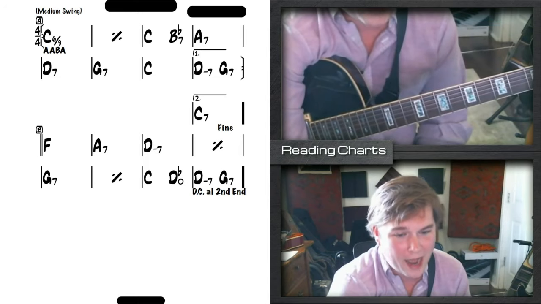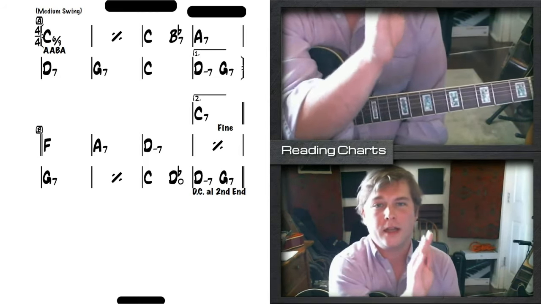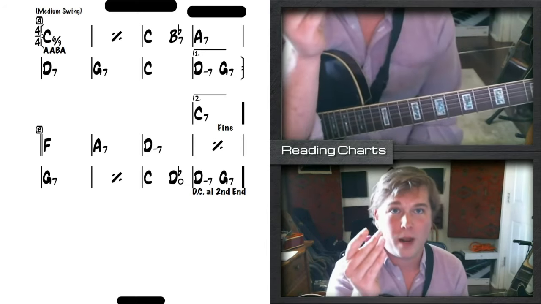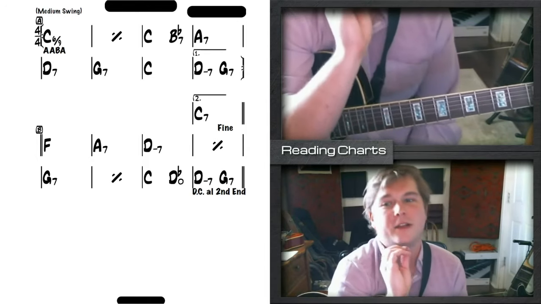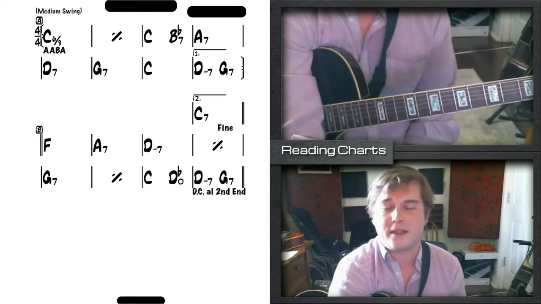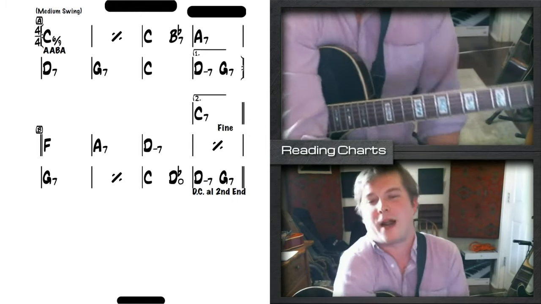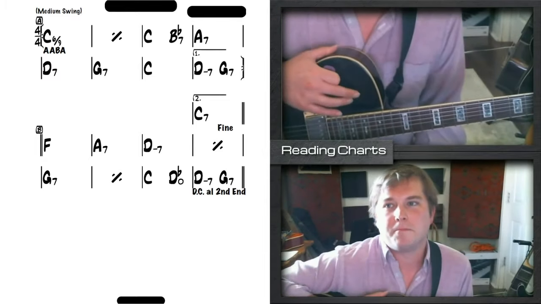And the reason why is, if you're reading anything, it's always easier to think of it as C sharp, D, G. You see this stuff all the time, and you don't even think about it.